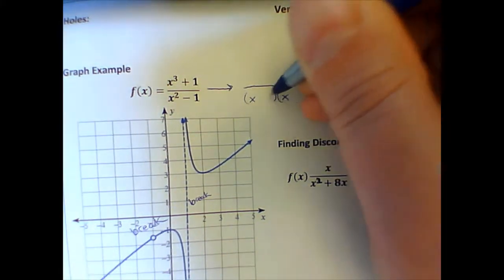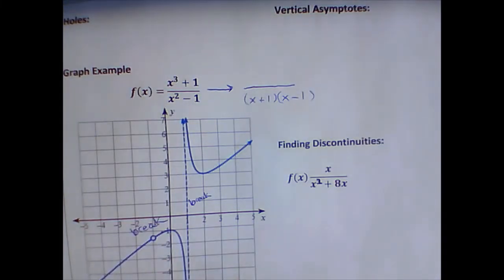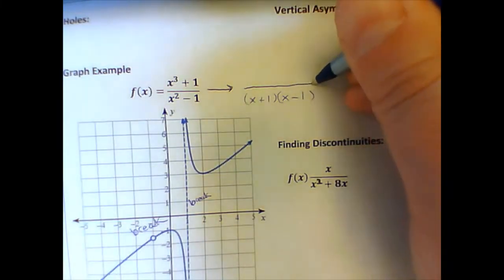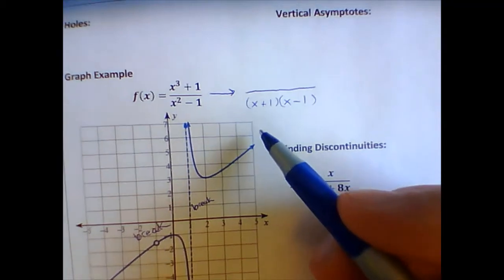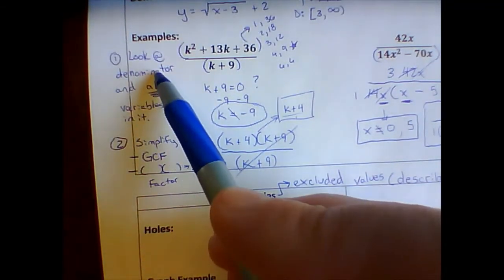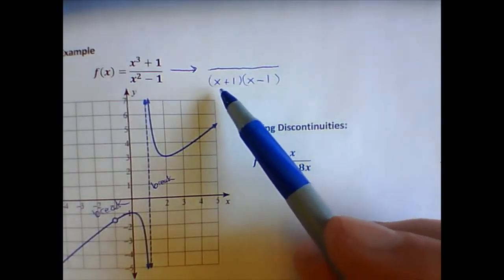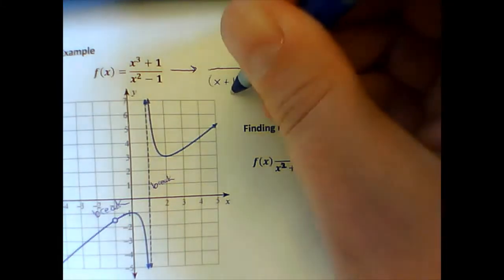These are the conjugates, where you go +1, -1, and because they're conjugates, you can just hit the front and the back, and the middle is going to cancel. All right, so we've simplified the denominator, and now we're going to look at all the variables in it to find our discontinuities, or our excluded values.